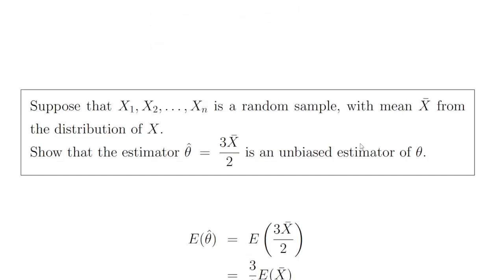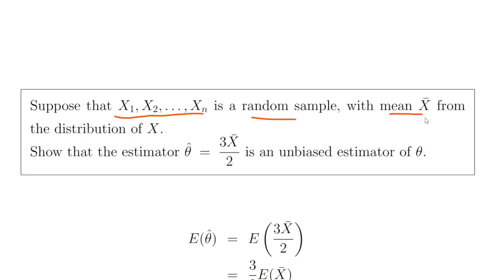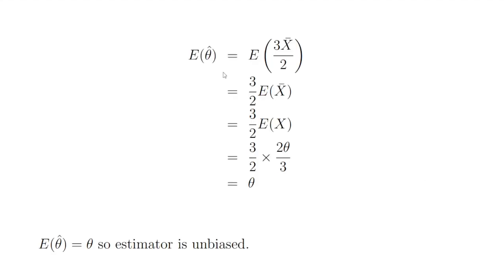The second part is the sample. Suppose that this is a random sample of values from x with a mean x bar. Show that the estimator theta hat equals 3 times x bar divided by 2 is an unbiased estimator of theta. This is straightforward enough really. The expected value of theta hat equals the expected value of 3x bar divided by 2.